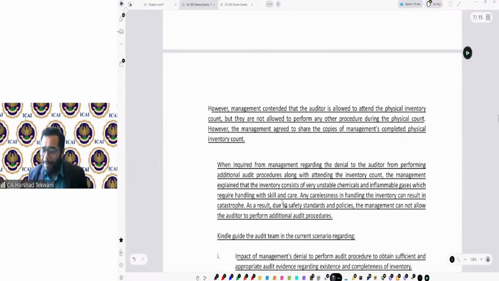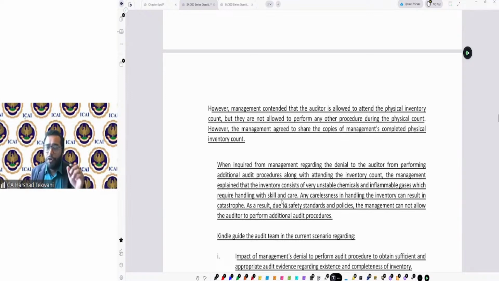If I simplify this question, the auditor wanted to perform a physical count, but was not able to, because of the nature of the inventory.